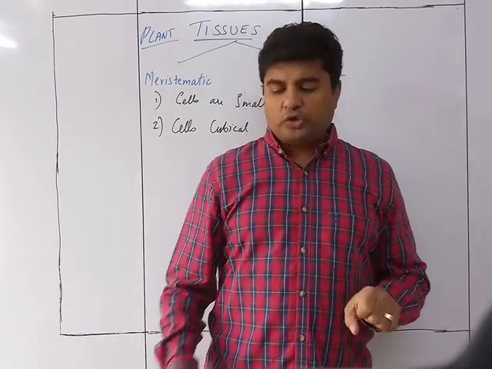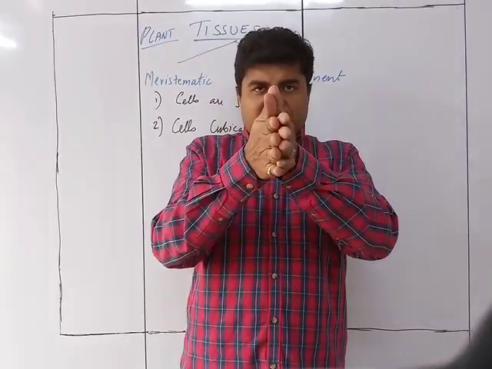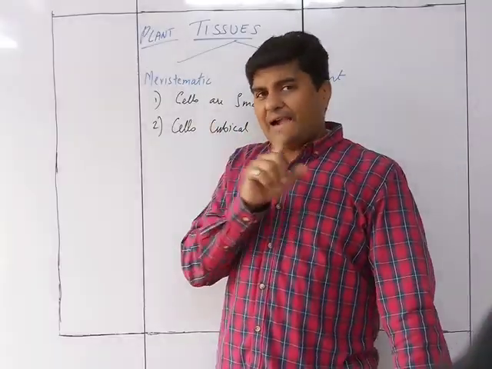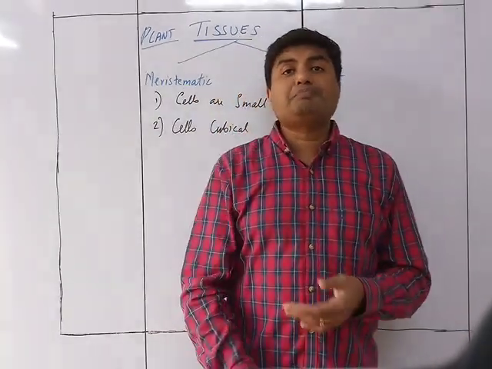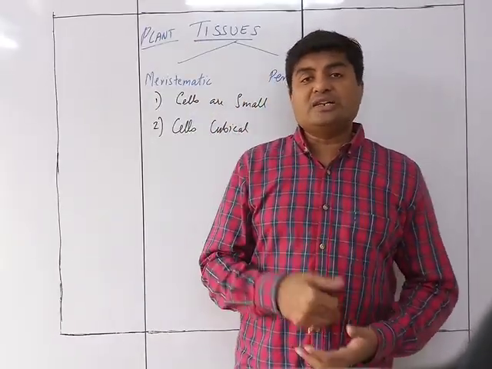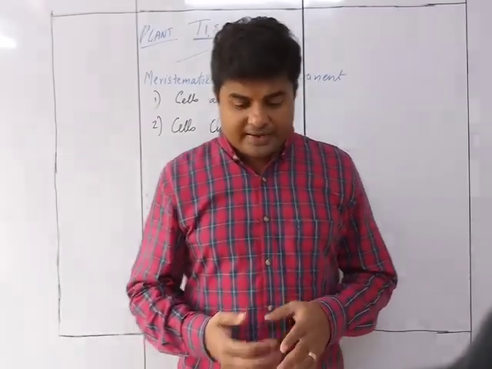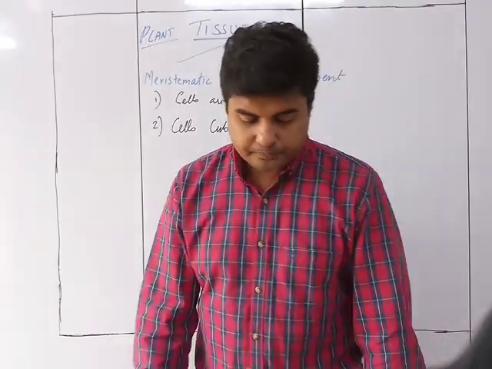Maximum. So if it is cubes, the cube will be something like this, or like this. So cubical, so that the contact or surface area between the two is maximum, so that the transfer of nutrients is very fast. So the cells are usually cubical.